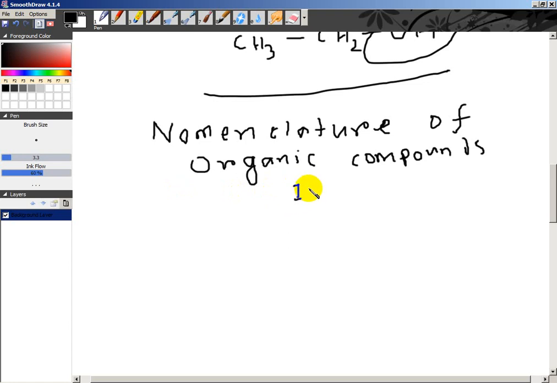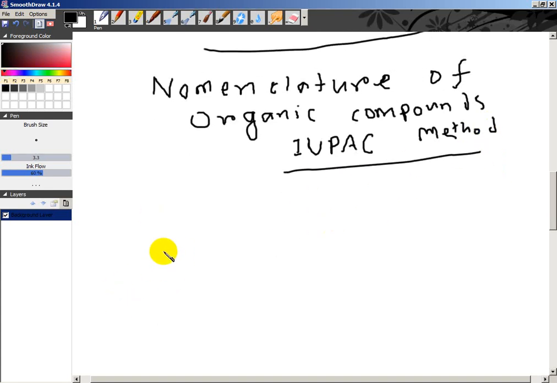Okay, IUPAC method. If this is methane, what is this?